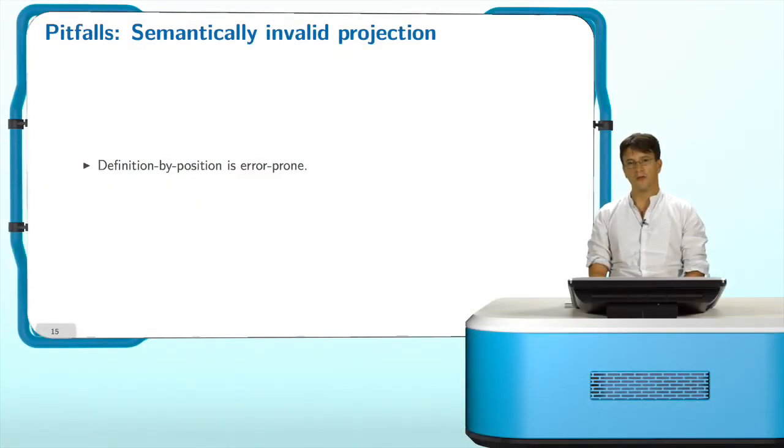There is another kind of programming error that you can make when you use patterns over tuples. And that kind of error cannot be caught by the compiler because it is a more semantic problem. Indeed, definition using an index can be error-prone.